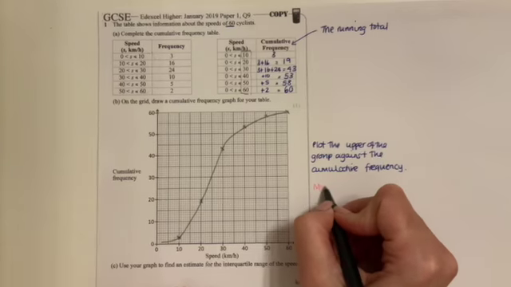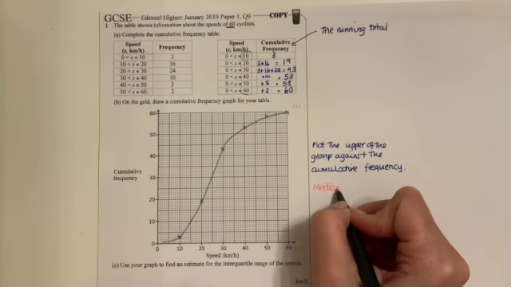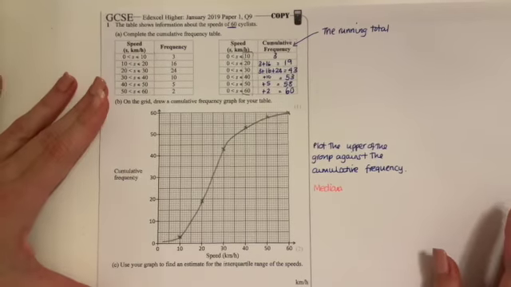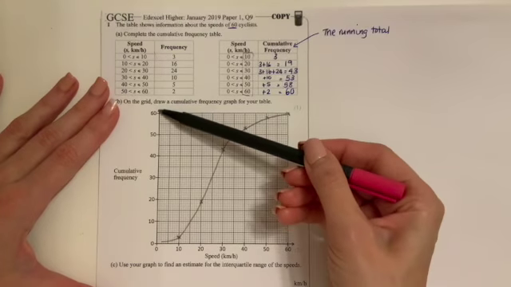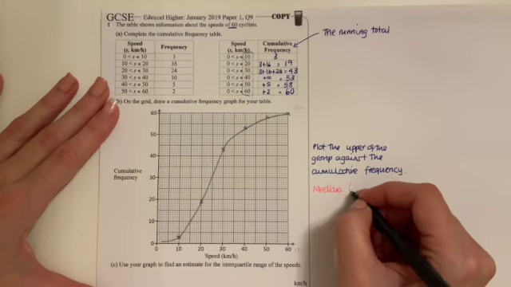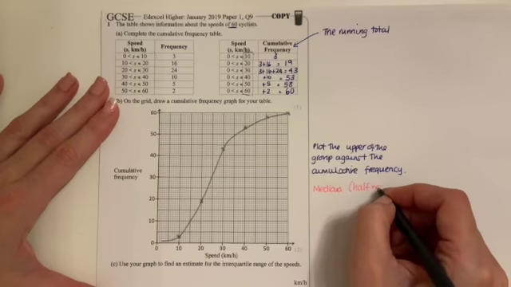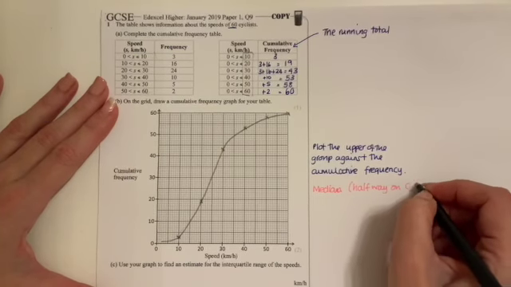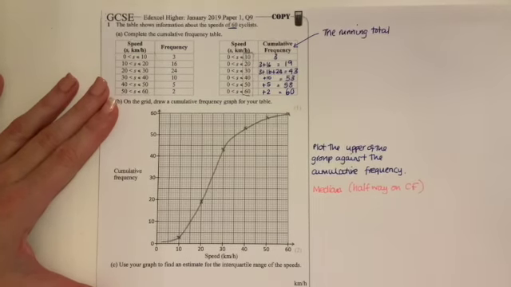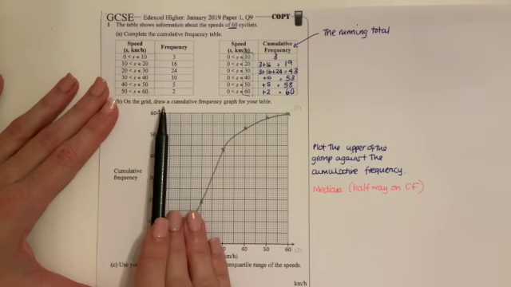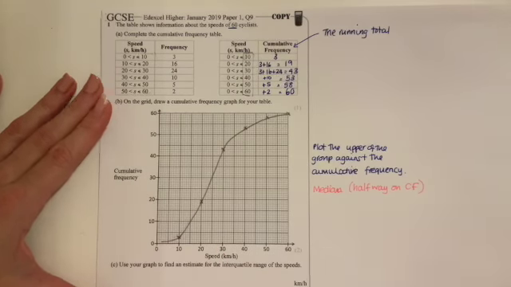So I'm going to do the median in pink, okay? So what you do is you find halfway on the cumulative frequency, okay? Halfway on CF. I'm not going to write cumulative frequency again. So halfway is at 30.